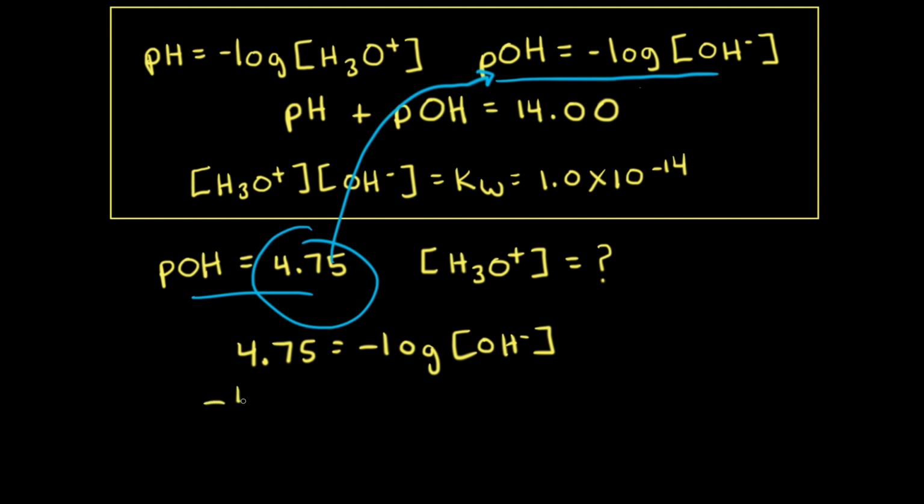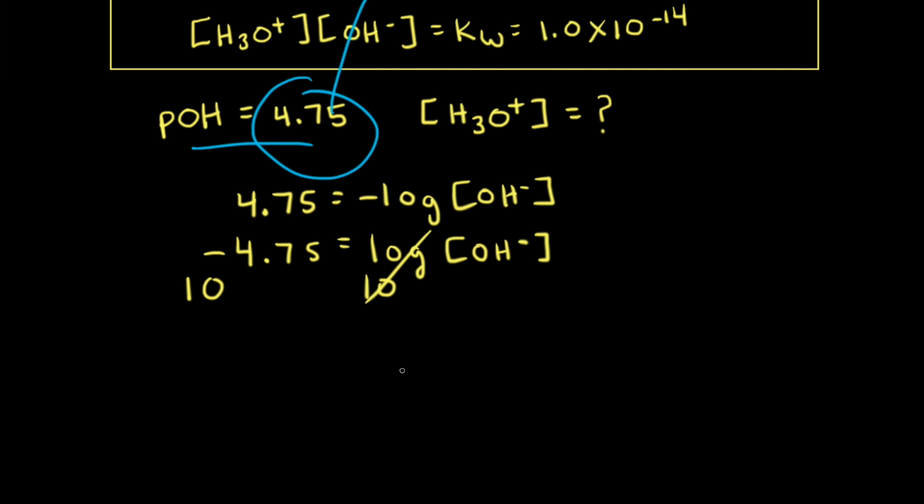Next, we can move the negative sign over to the left side, so negative 4.75 is equal to the log of the concentration of hydroxide ions. And to get rid of the log, we just take 10 to both sides. 10 to the negative 4.75 is equal to 1.8 times 10 to the negative 5th. So the concentration of hydroxide ions is equal to 1.8 times 10 to the negative 5th molar.